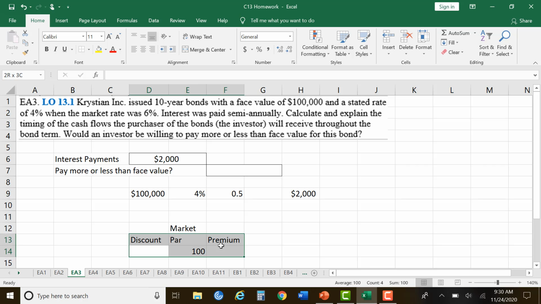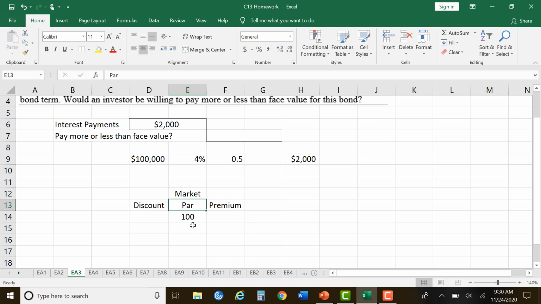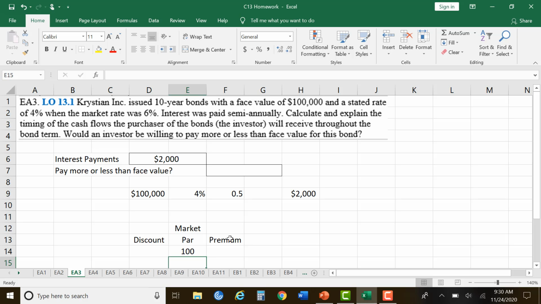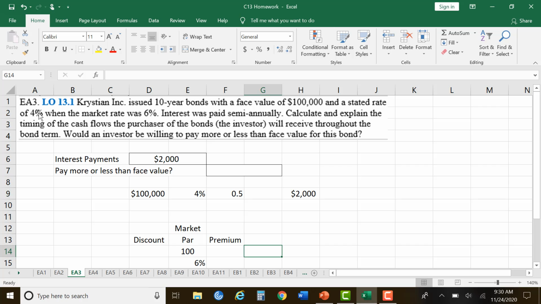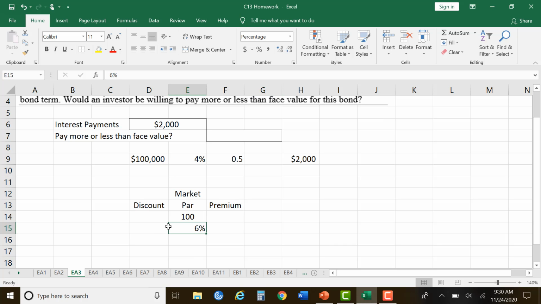They didn't tell us that, and that's fine. We don't need that, because we know that the market rate right now is 6%, and our rate is 4%. So our rate is lower than the market, so people are going to want a discount to buy it. So it is going to sell at a discount.